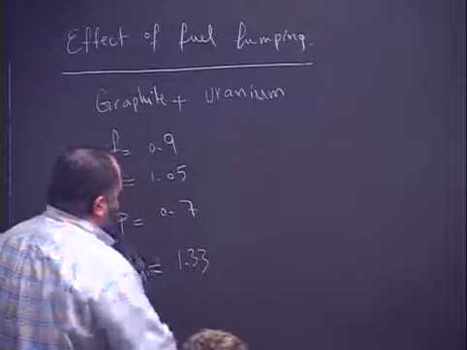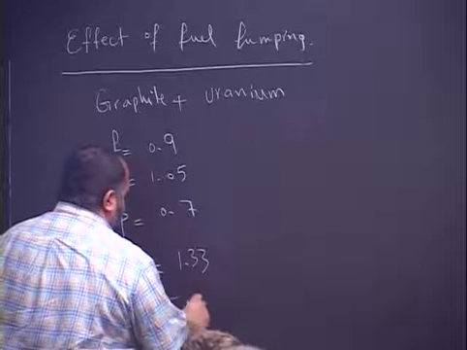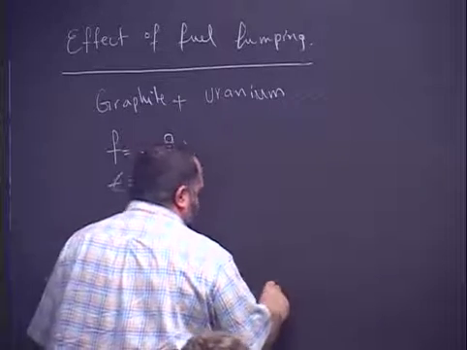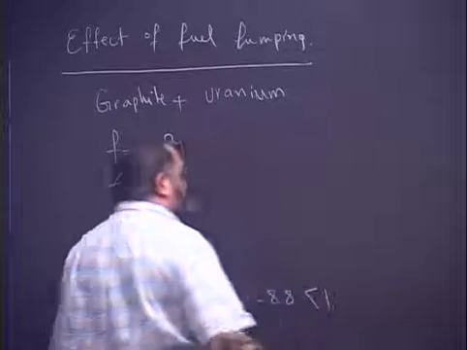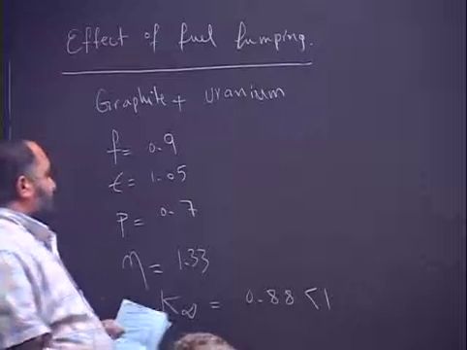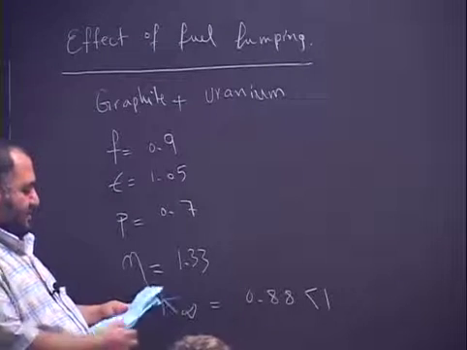If you calculate the infinite multiplication factor, you will notice that it is less than 1, about 88% of 1. So you will not be able to sustain a graphite moderated natural uranium reactor.